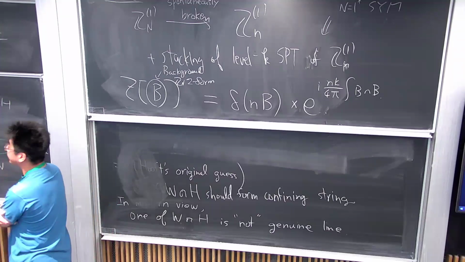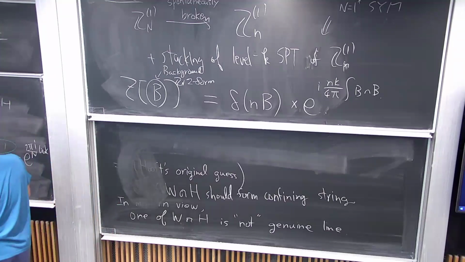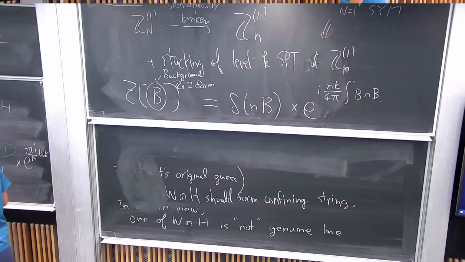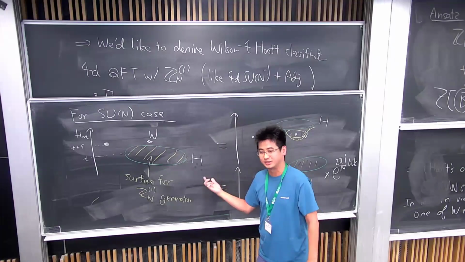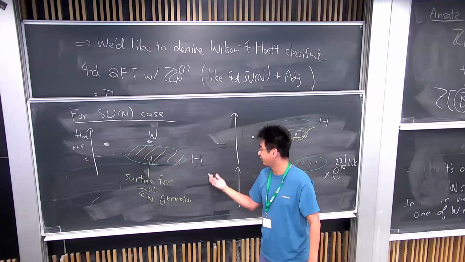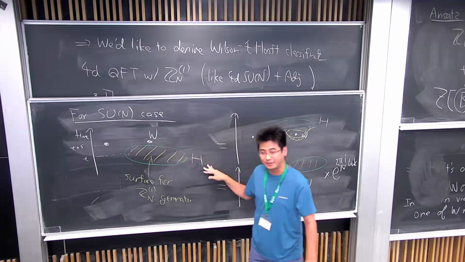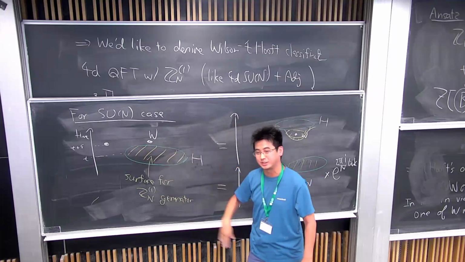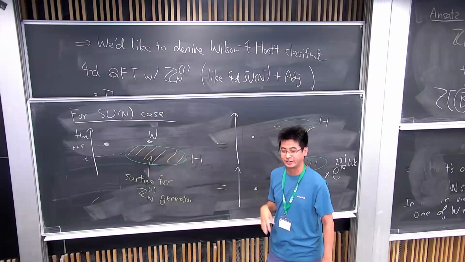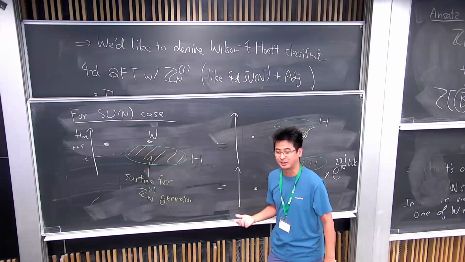They do not link in particular. So in that sense, this 't Hooft line is not genuinely a line operator. It is the boundary of a surface, but this surface can be topologically moved without changing the expectation value. That is the actual meaning of the 't Hooft loop in SU(N) gauge theory.